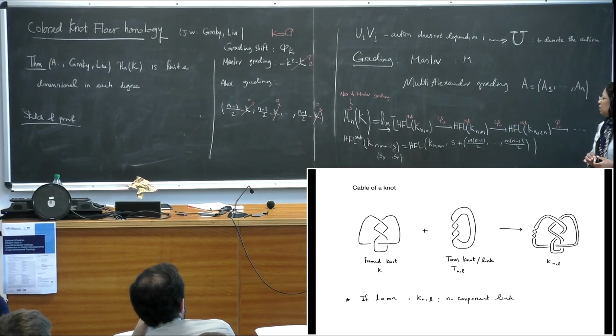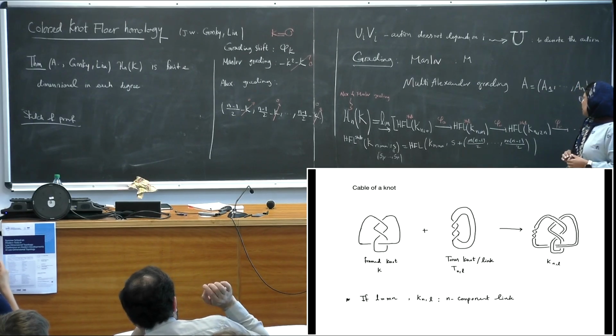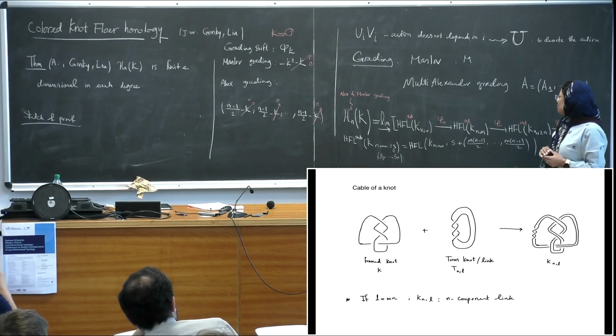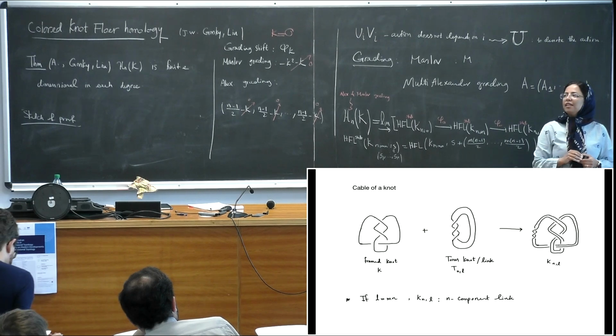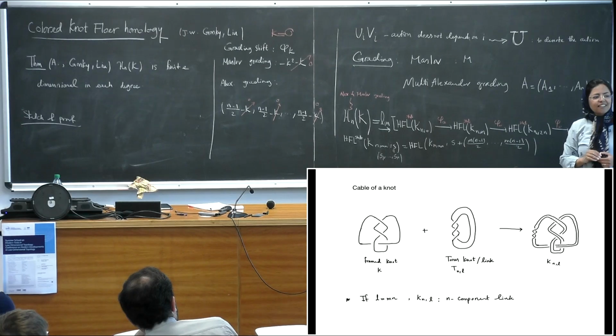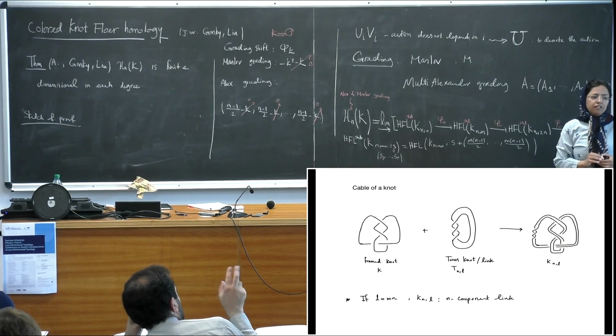You fixed some spin-C structure. I know what your concern is. I agree when we get to the module structure part, but just formally defining it like this, it is a 3-sphere right now. Yeah, that I agree.